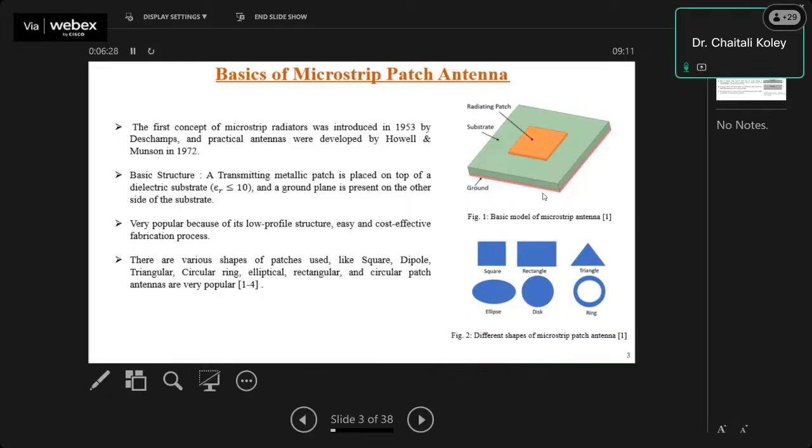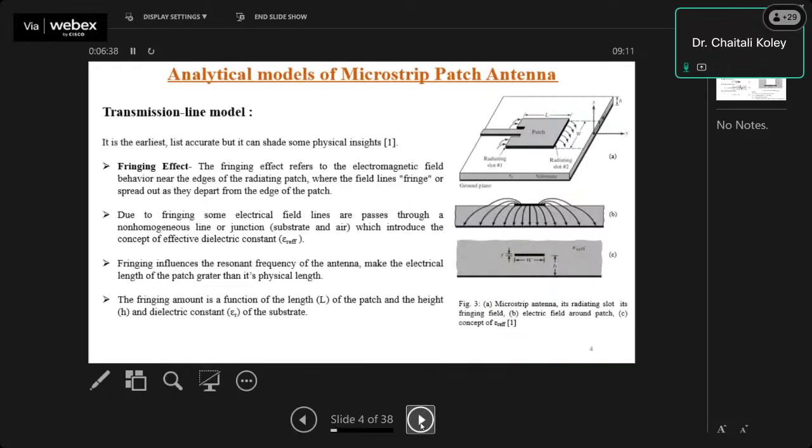To radiate, the antenna has to be fed. To feed that particular antenna, we need a feeding mechanism. Different types of feeding techniques are there. One of the important feeding techniques is known as coaxial feeding.